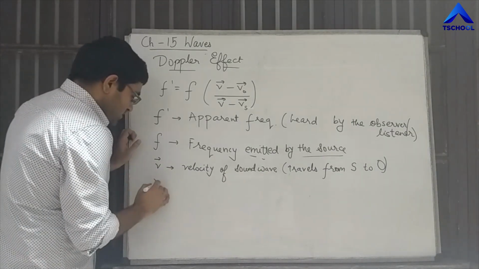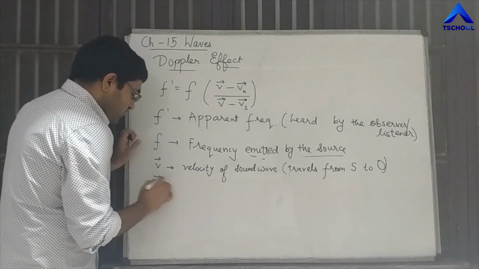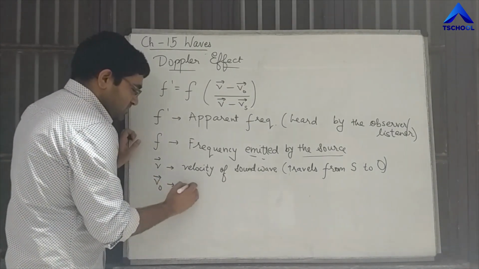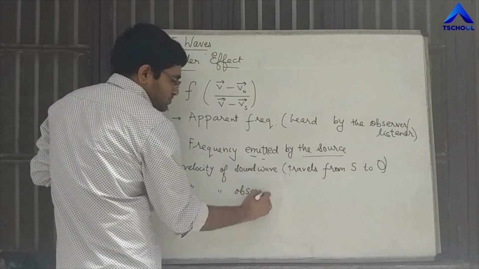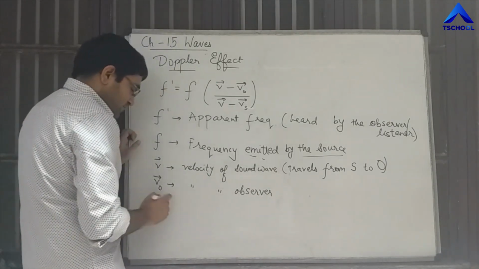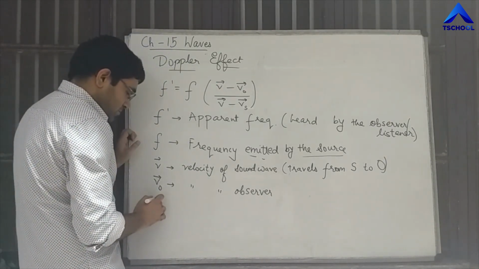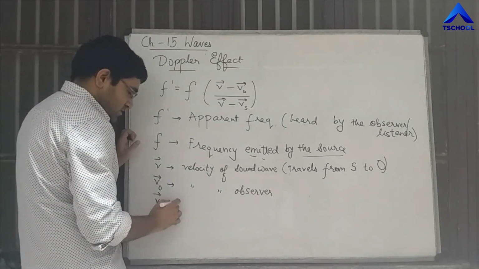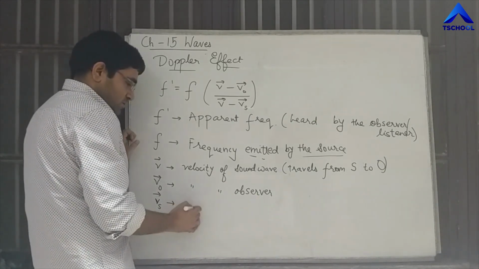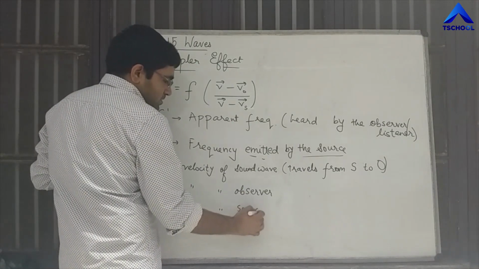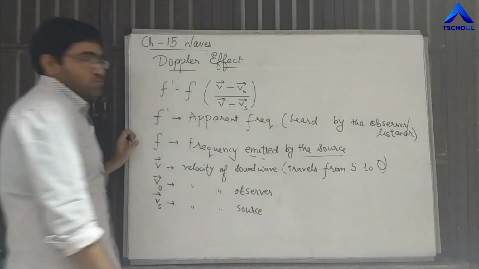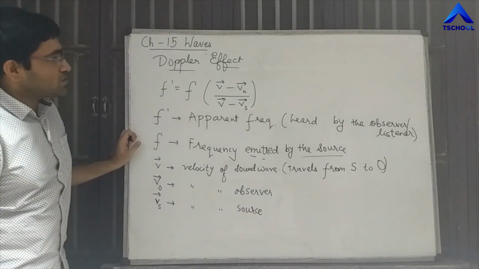Okay, O for observer, that makes everything easy, so VO is the velocity of the observer. Okay, and finally there should be no surprises, Vs is the velocity of the source that is emitting sound. Okay, so these are the terms.